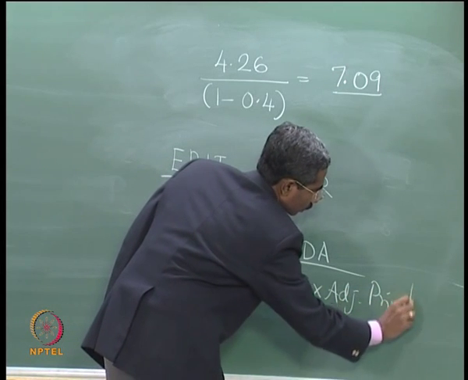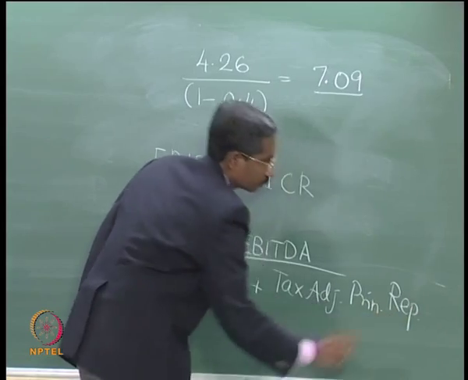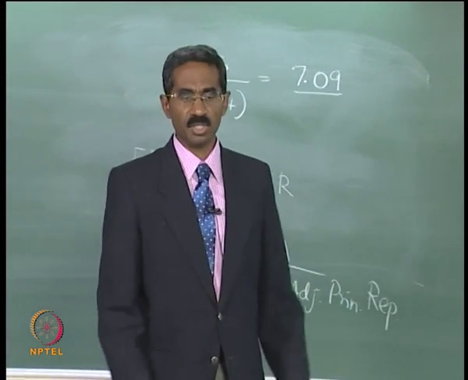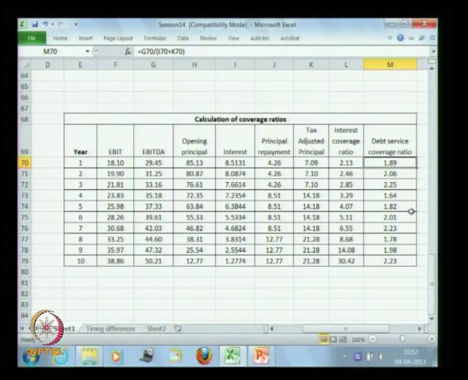So in the Excel spreadsheet, it will be your EBITDA divided by your interest plus your tax adjusted principal repayment, and this will give you a debt service coverage ratio of 1.89.